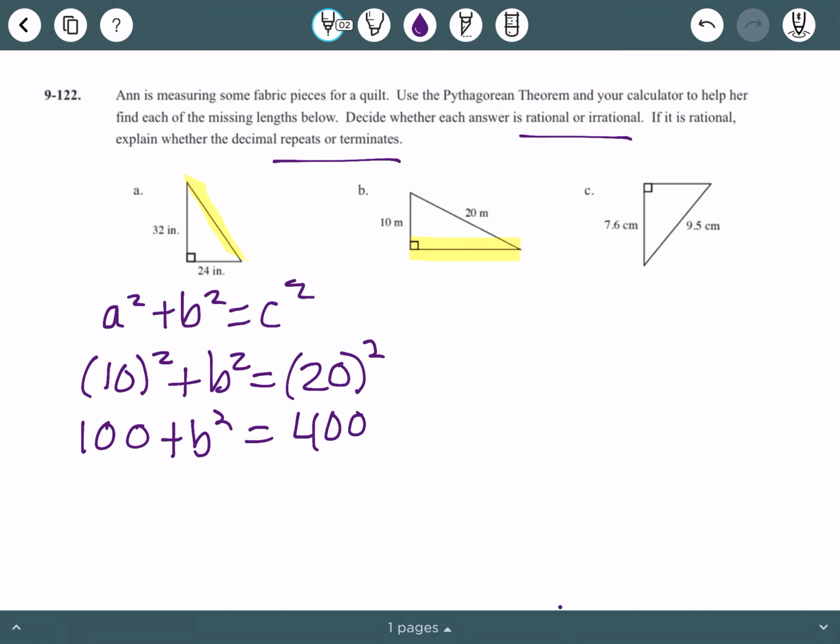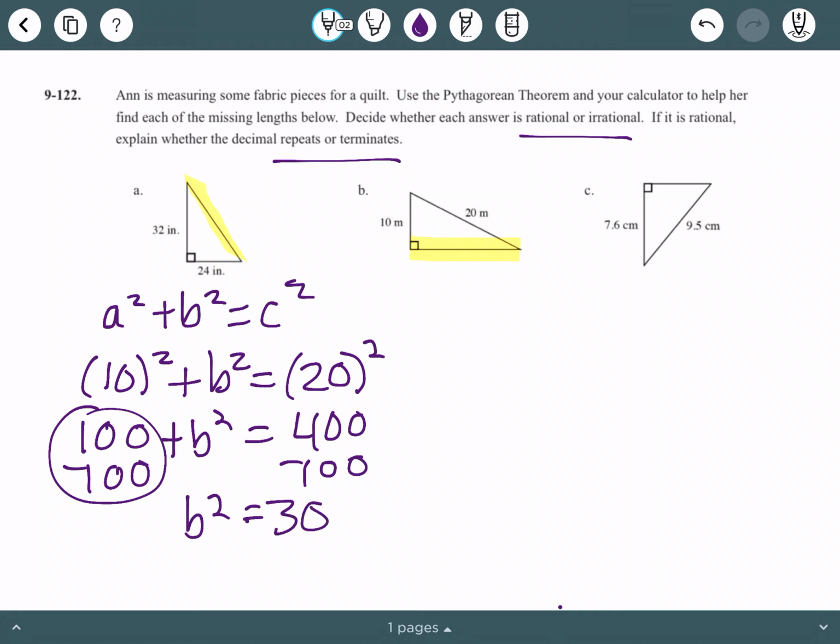At this point, I will subtract 100 from both sides. This gives me a 0 pair. I'm left with b squared equals 300. Now 300 is not the length of my missing side. That's way too long. It's my missing side squared though. So to unsquare that, we're going to take the square root on each side. That's how we unsquare a square.